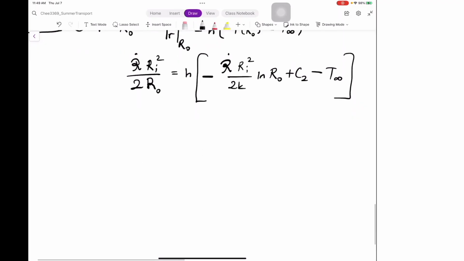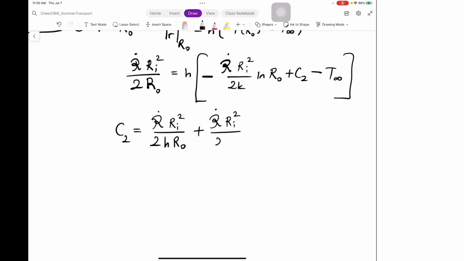Okay. And then you can take this h to the denominator here and solve for C2. So C2 becomes equal to q-dot R_i squared over 2h R_o plus q-dot R_i squared over 2k logarithm of R_o plus T infinity.